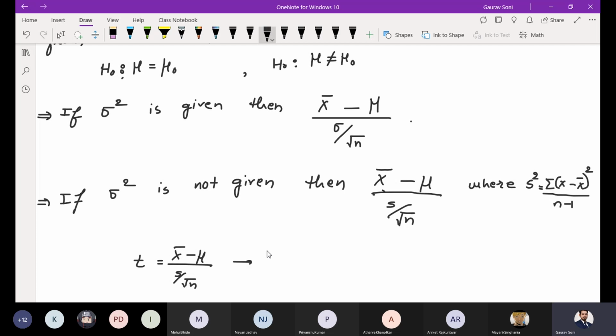This is t distribution with n minus 1 degrees of freedom.